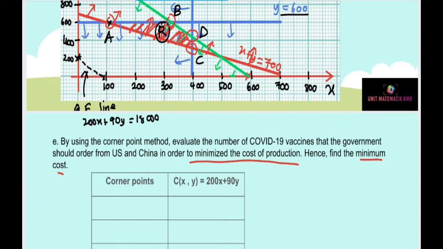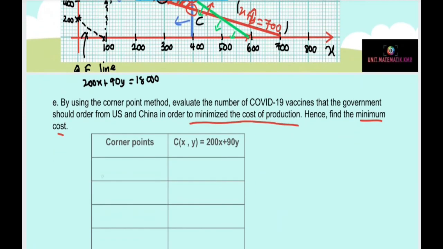So to get the value of x, we just substitute y equals 600 into this equation, so we will get x equals 100. If you have a correct scale of graph, you can just look at your graph and find the point A. So the point A is 100, 600.